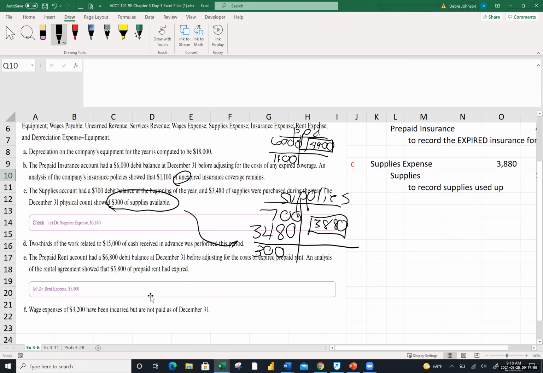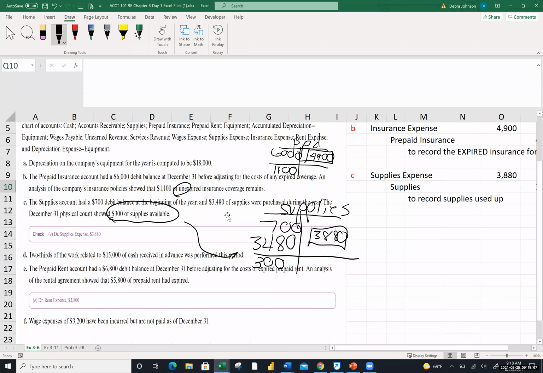2/3 of the work related to 15,000 of cash received in advance was performed this period. This will be the one, if I gave this on a test, letter D would be the most missed. Okay, so let's read it again. 2/3 of the work related to 15,000 of cash received in advance.